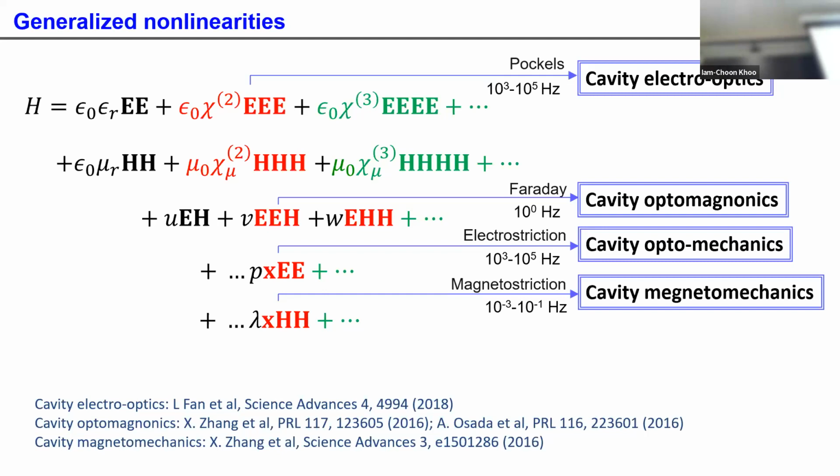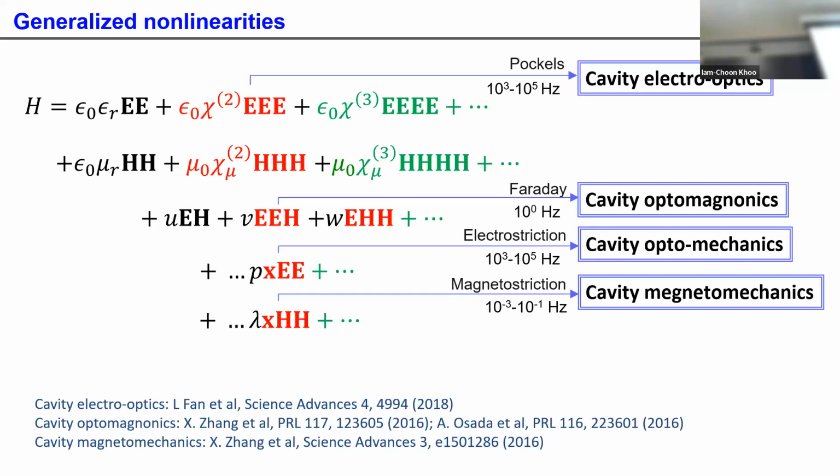It also describes electro-optical modulation, where this field becomes a microwave electric field. You can also think that if you have a magnon and microwave, you have a magnetic coupling, that's a magnetic chi2 nonlinearity. If you work on a Josephson junction, this term is dominant.